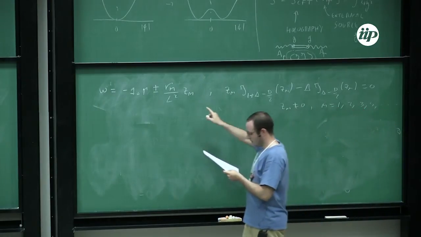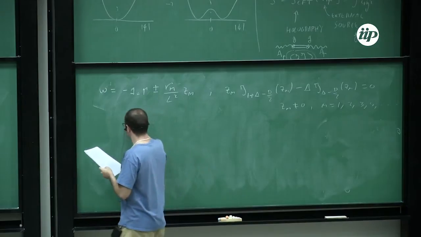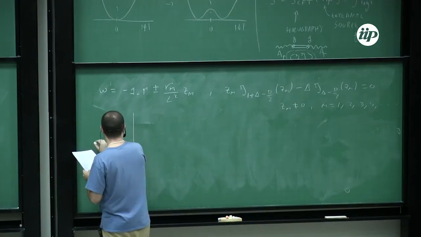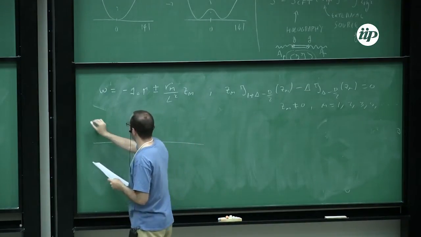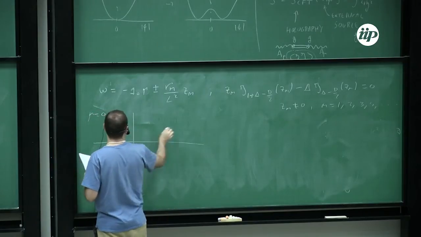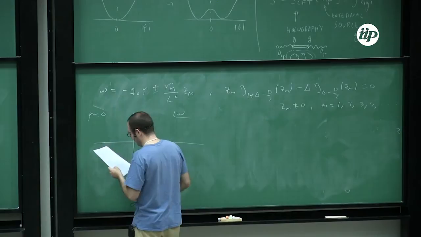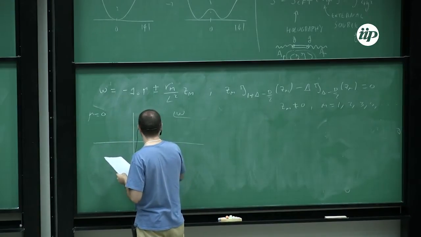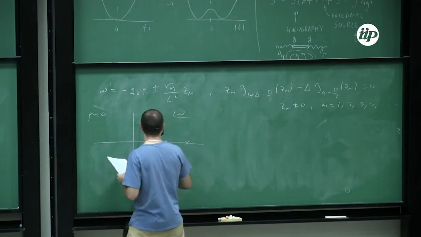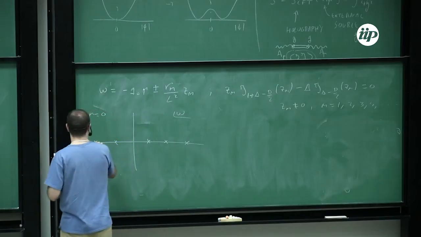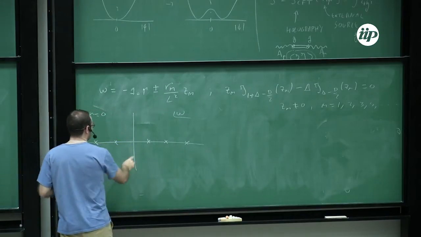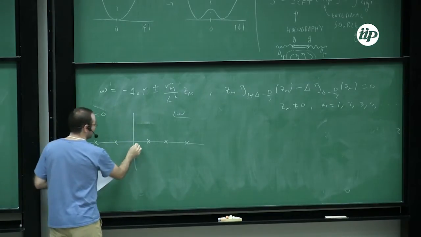Okay, so here the spectrum, let's take mu equals 0. This will be frequency. Then the spectrum here is real modes. So they are located on the real axis. And there is some separation from the origin, so there is some mass gap.